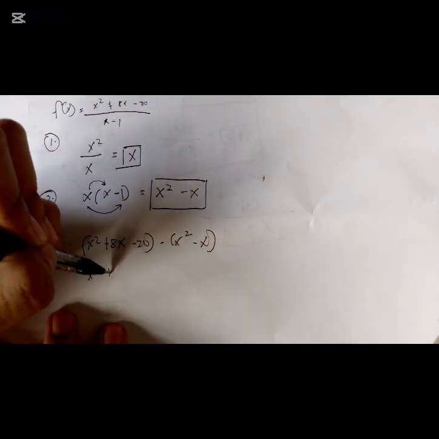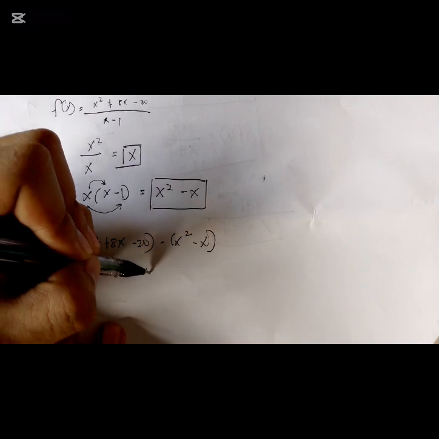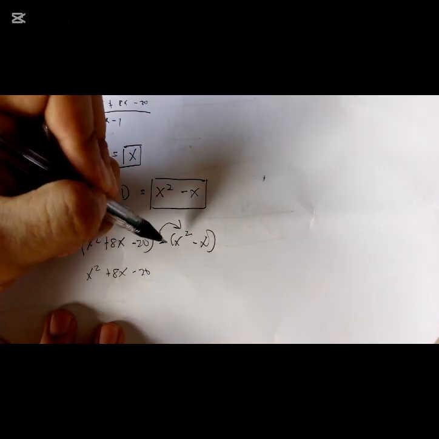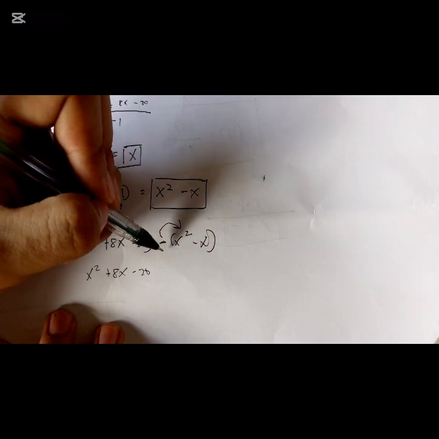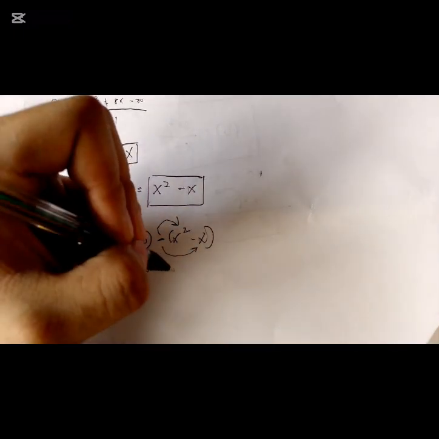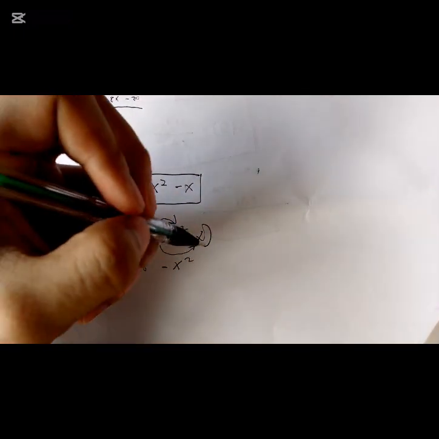Transpose the operation, so the x squared will become negative x squared, and the negative x will become positive, because negative times negative is equal to positive. That's good. Negative x squared plus x.